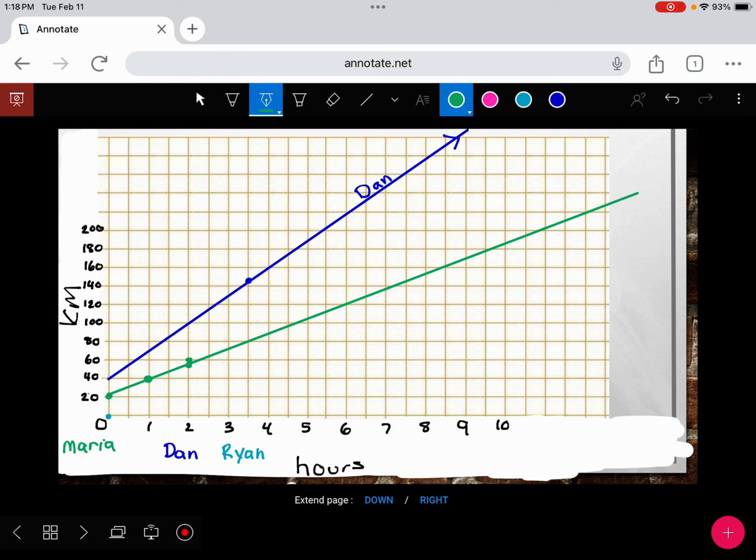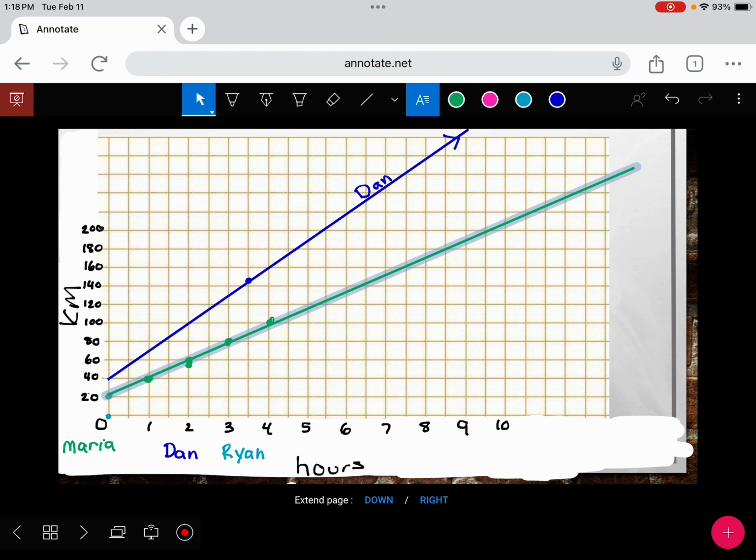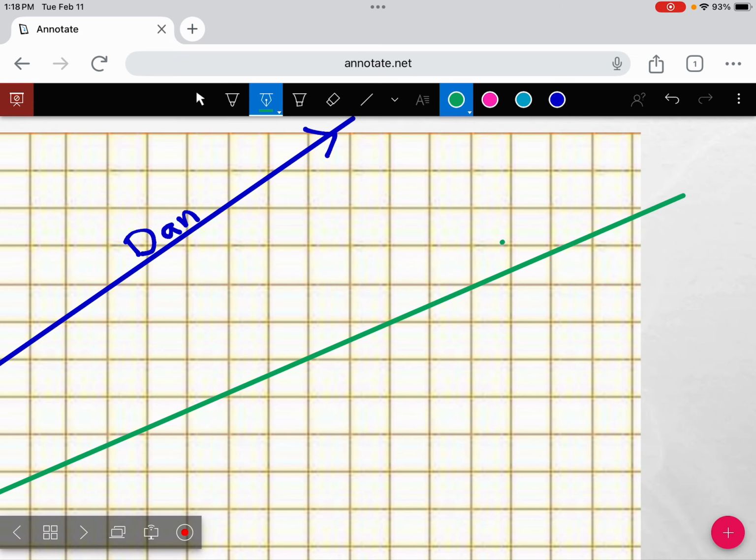She was up to 60 at 2 hours. She was up to 80 at 3 hours. So Maria's line should really be over here. So we have to watch out when there's a scale change. So there, Maria should really look like that. Maria's significantly less than Dan.